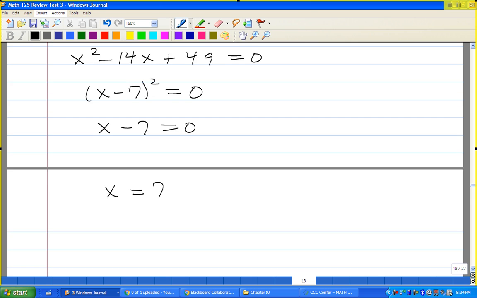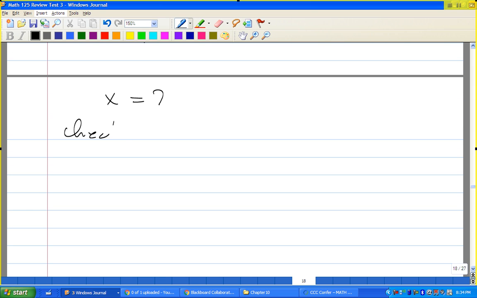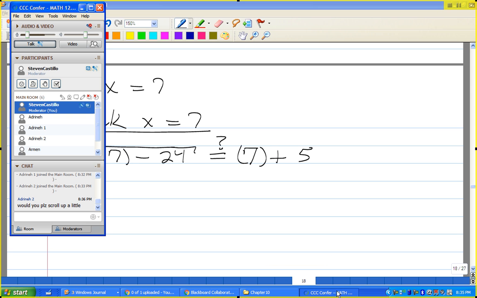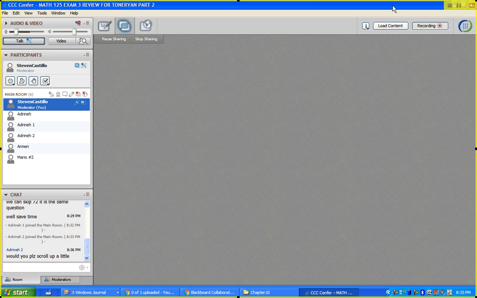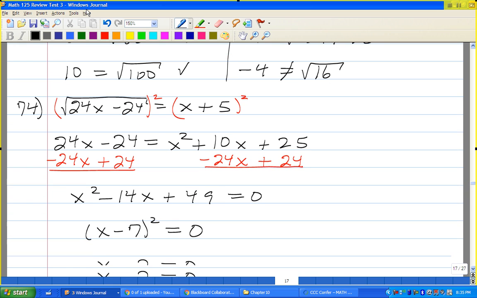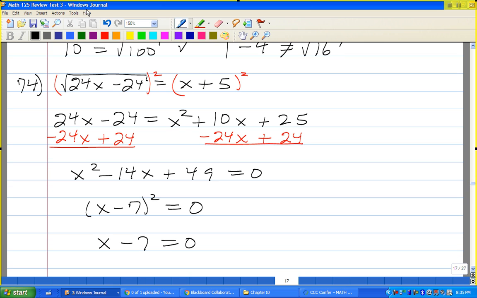And now let's check. And so is the square root of 24 times 7 minus 24 equal to 7 plus 5? Let me scroll up for a second there.